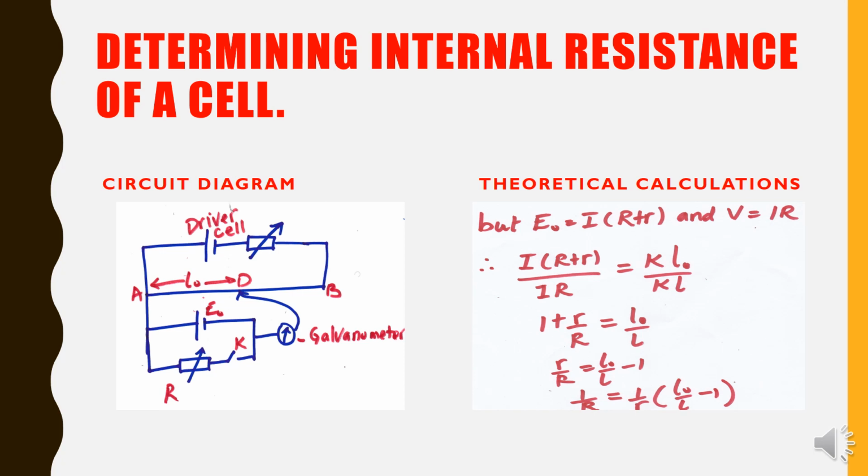So the K's cancel, you remain with L naught over L. So on the right hand side, you remain with 1 plus small r over capital R is equal to L naught over L. So this simplifies to 1 over R equals 1 over small r into L naught over L minus 1. So if we plot a graph of 1 over R against 1 over L, we get a straight line graph, and determining the slope from the graph, we can determine the internal resistance of the cell.